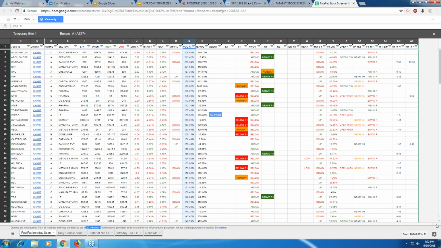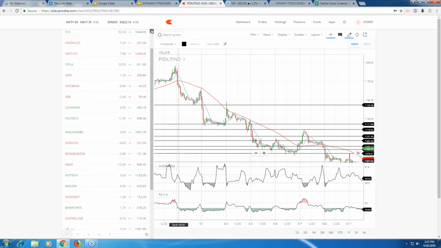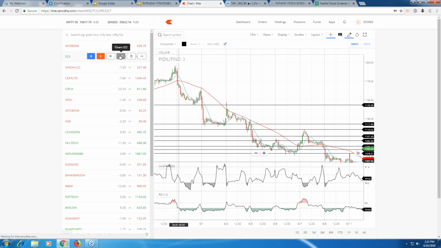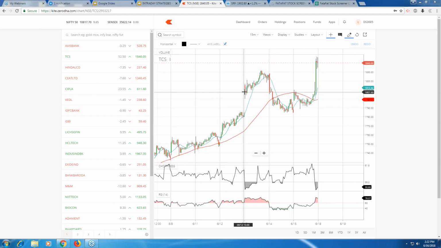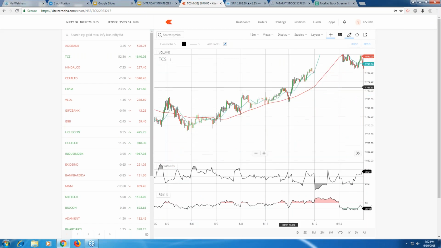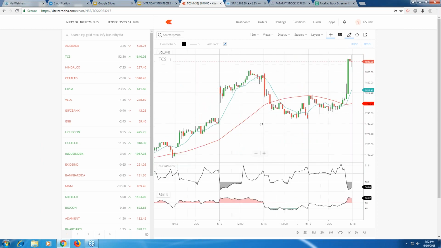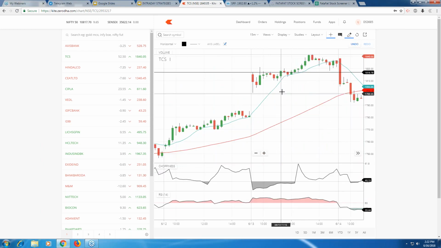Sometimes the stock opens, wherever it opens it goes down and then it goes up. Like I remember one day I was trading in TCS, 3 days back. The stock went down first and then it went up. If you mark the boundaries of the stock, it hovered: first it went up, then came down, then went up.